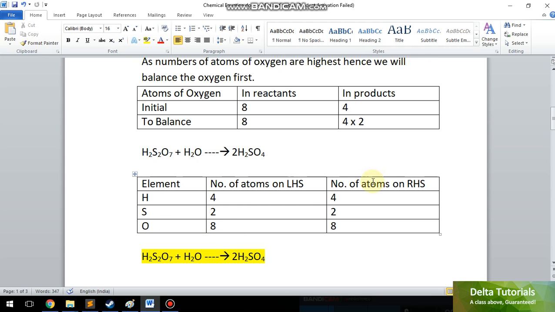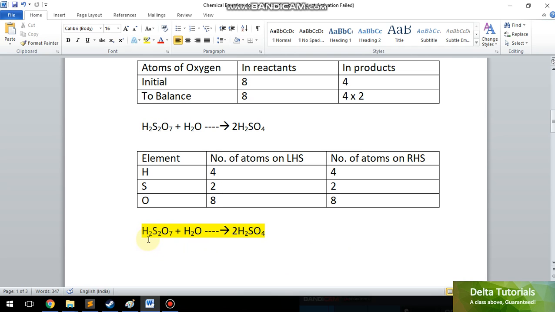So after writing this table, finally we have to write the whole reaction again. So it is H2S2O7 plus H2O, it gives 2 H2SO4, and if you cross check you will find that the number of atoms of every element is the same on reactant and product, that is on both the sides.